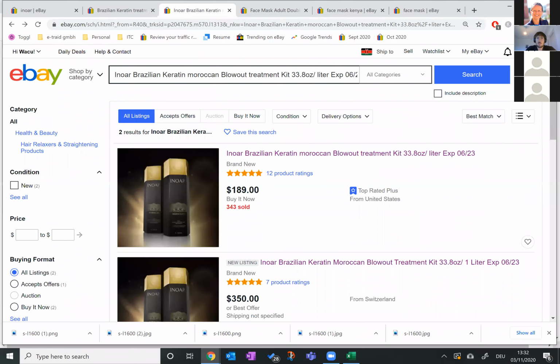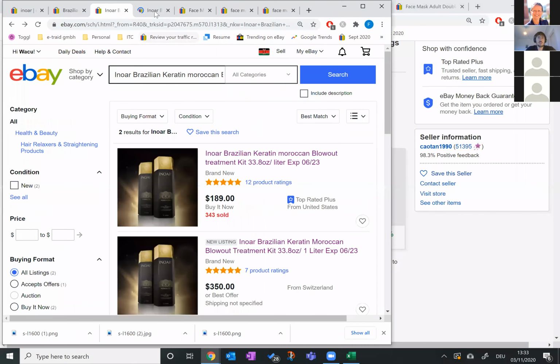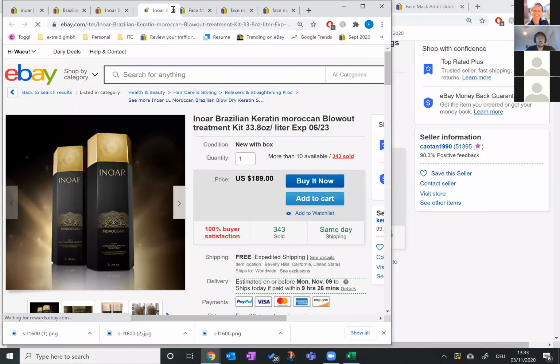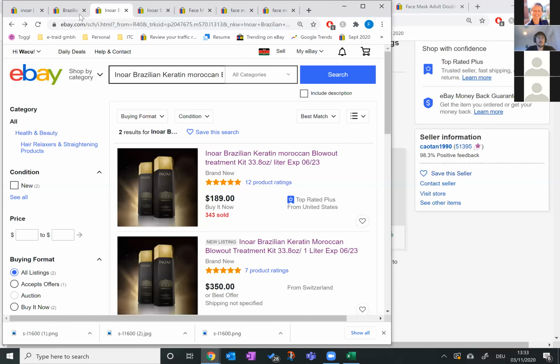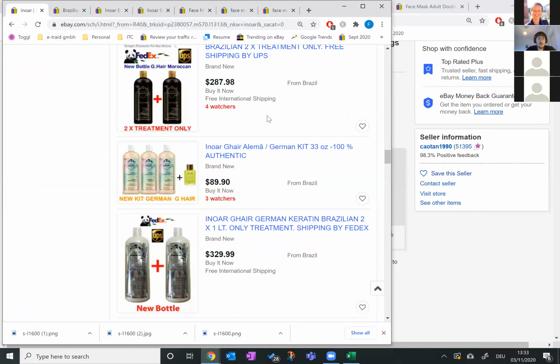I'm going to split the screen here, and we're going to look at this product, which is super high ranking, and we're going to compare it to another product which ranked much less high.